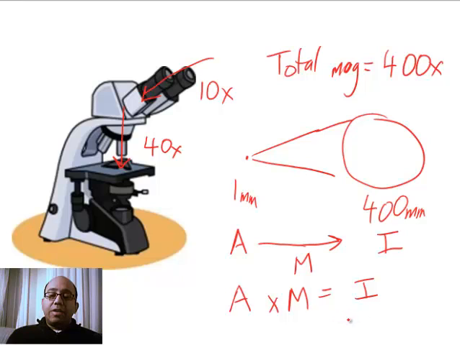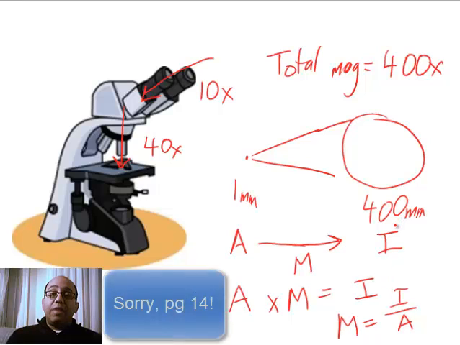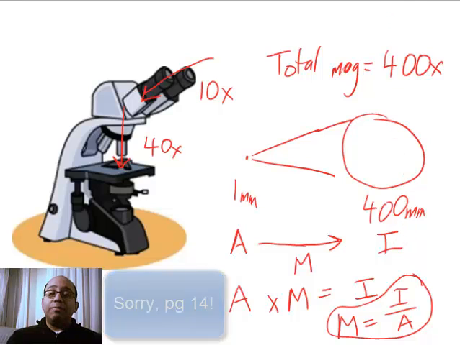And we can solve for m, our magnification, and we get image over actual. And if you look on page 12 of your book in the top left hand corner, you can see that this is the equation that you should have already written down in your notes that I've collected and will be giving back to you soon.